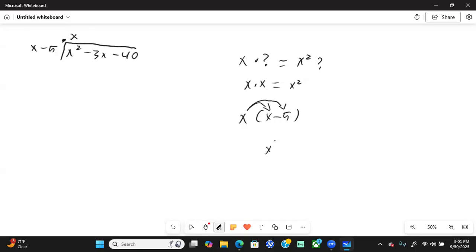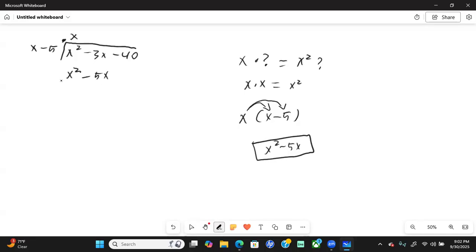That gives me x squared minus 5x, right? So now I take this and I plug it in over here. So that's x squared minus 5x.